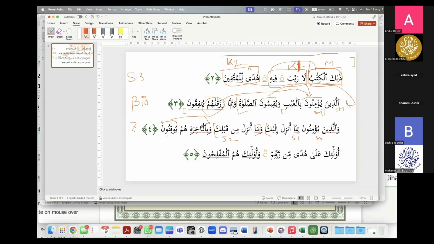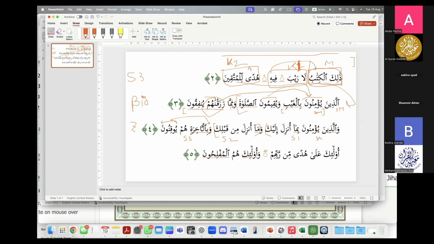So it's giving more detail about yuqinuna. Wa bil akhirati. Hum yuqinun, who believe. So I feel hum is mubtada and yuqinuna is khabar here in the jumla ismiyya. And wa bil akhirati is a jar majroor mutalliq bil fail yuqinun. Yes, that's what I understand.